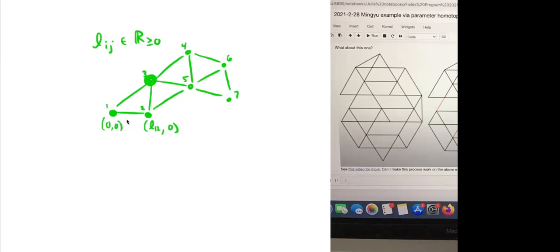How do I find the location of vertex 3? Well, just looking at this triangle gives me a quadratic system. And in fact, this system is one we've seen before in the course, one quadratic, one linear. And solving that produces the coordinates of the third vertex.